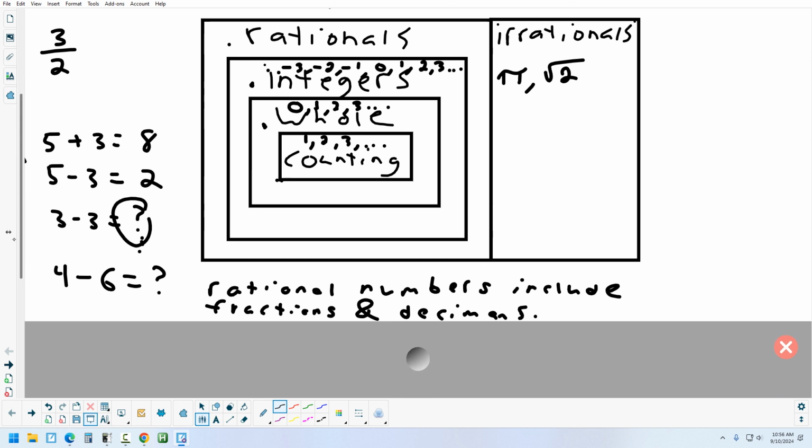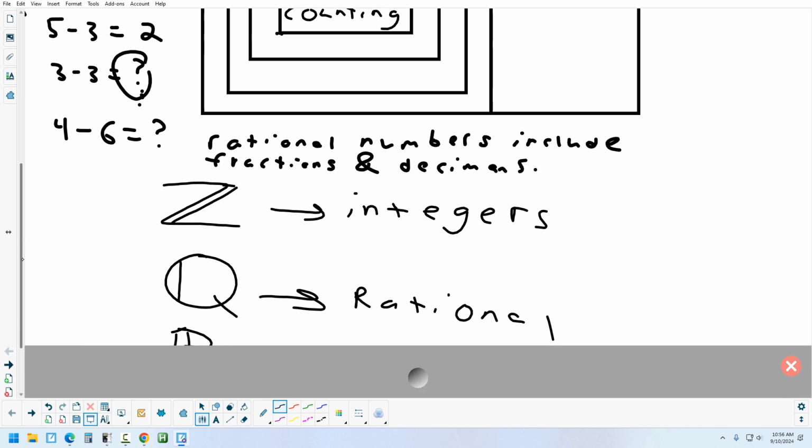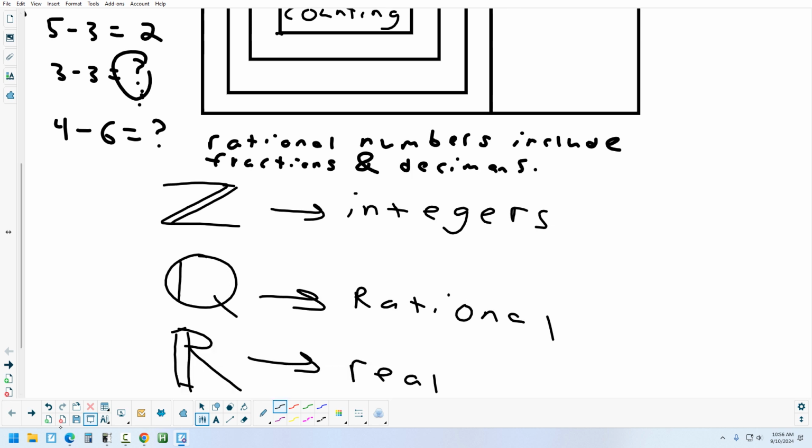Some of these number sets have symbols. With integers, a lot of times you'll see it written with a capital letter Z, and it's got that extra line in the middle. Rational numbers, a lot of times you'll see that with a Q. It could be Q for quotient.